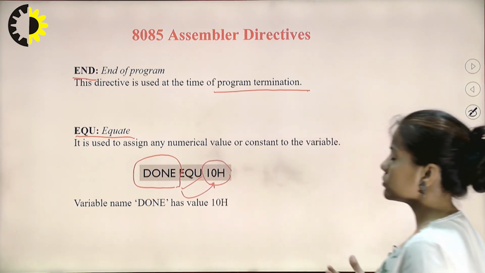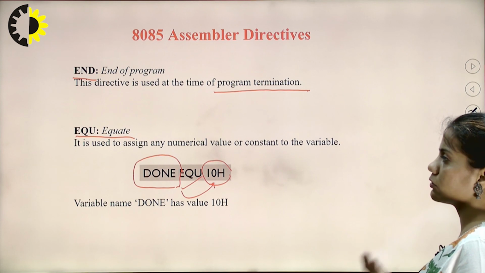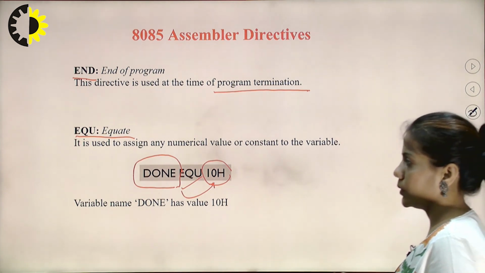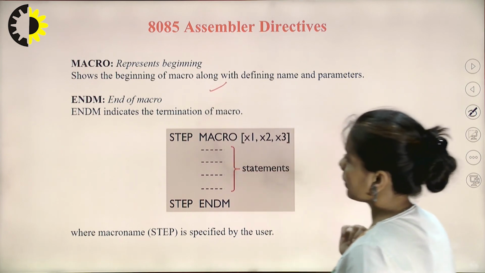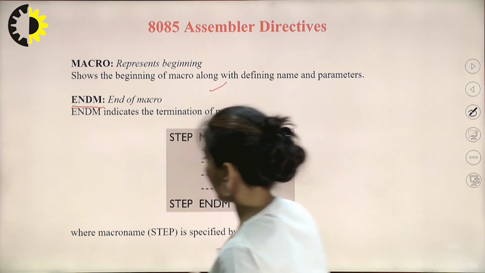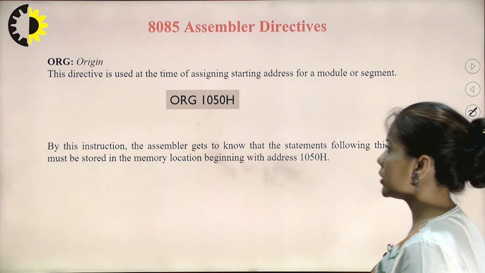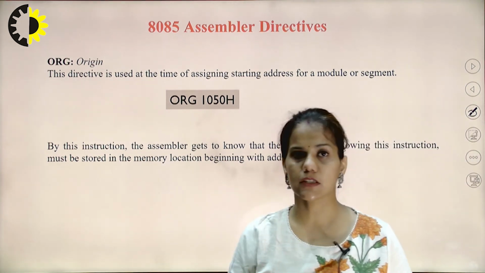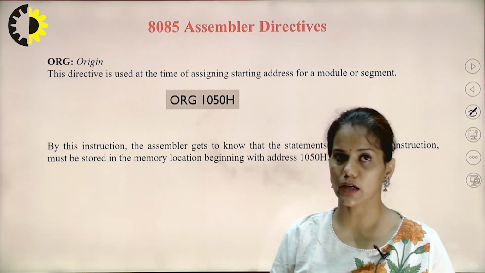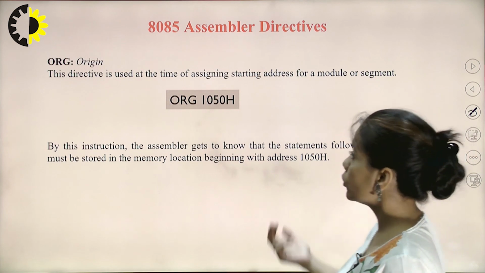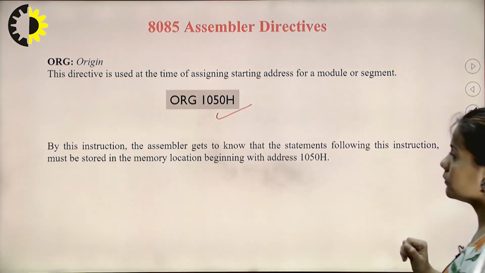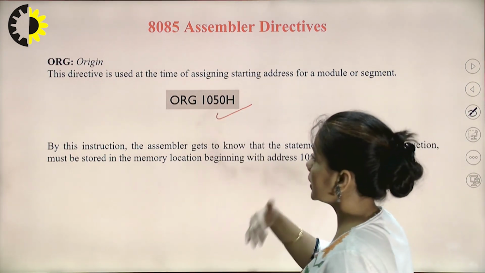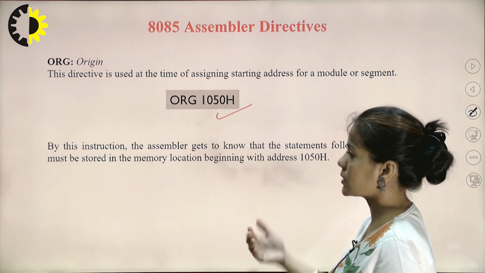So it is used to assign a constant to the variable. MACRO represents the beginning of the macro, and ENDM represents the end of the macro. ORG is used to specify where we have to start our code. Writing ORG 1050 means our next code should start from this location.